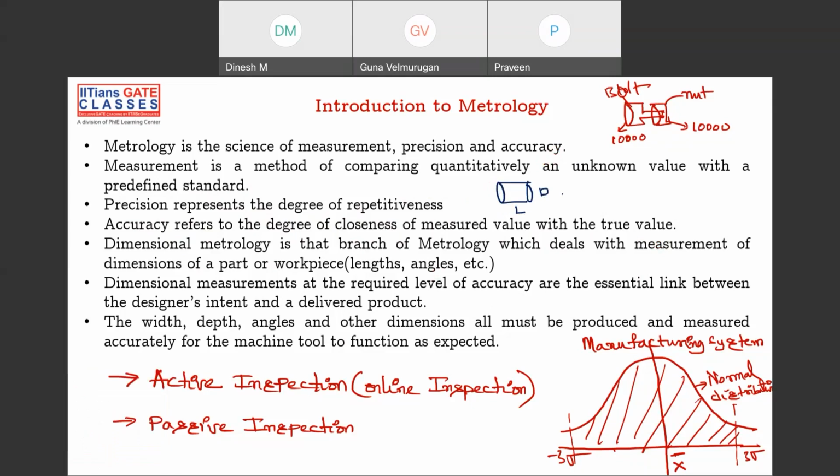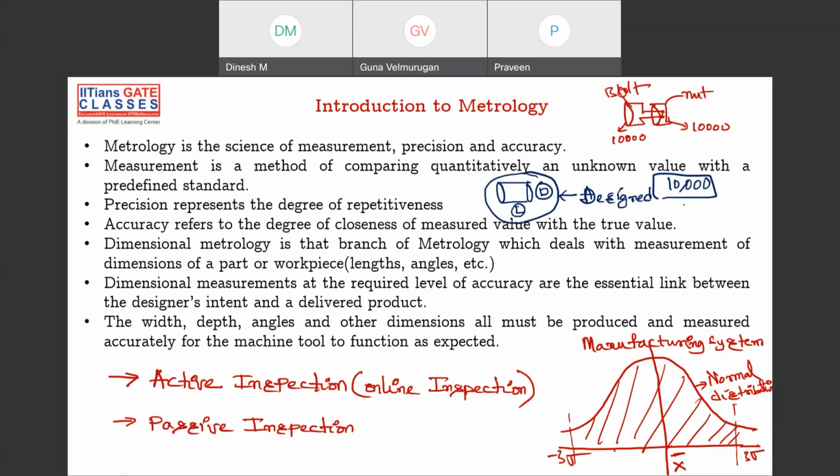These are the actual values, and these are the design values. Now you have to manufacture some 10,000 cylindrical bars with this diameter and L. Once you manufacture, you do the measurement. You measure diameter values and length values for each of the items that you have manufactured.